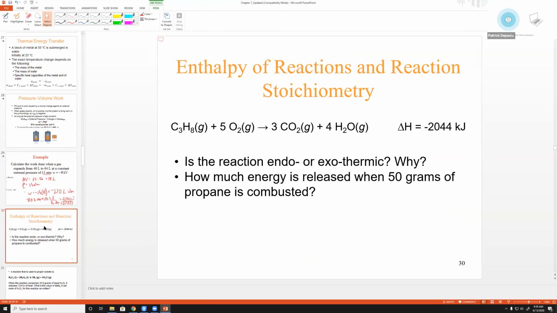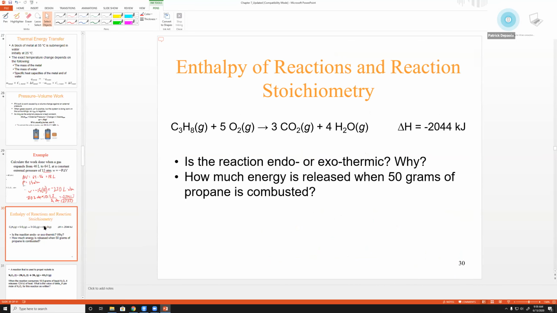Okay. All right. So there's a new thing. It's called enthalpy. So enthalpy is basically the energy and heat that is associated with a chemical reaction.